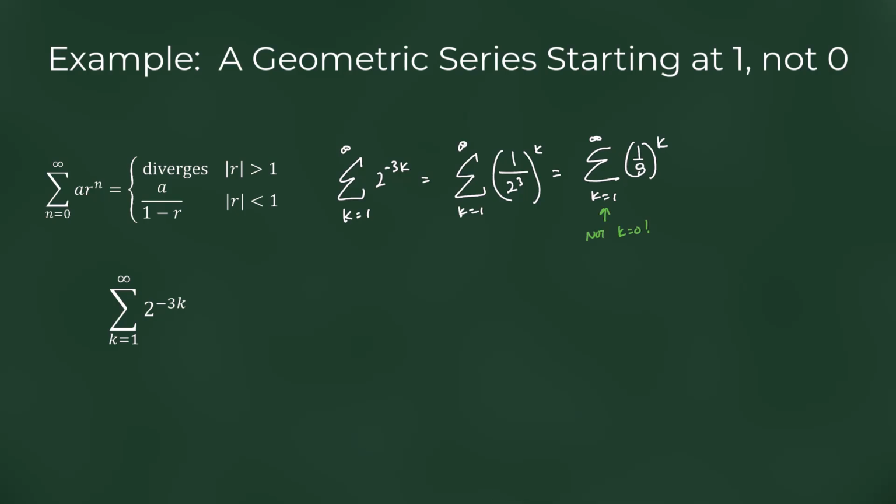So we could say, well, let's let n be equal to k minus 1, so that when k equals 1, we would get n equals 0. Then this becomes the sum from n equals 0 to infinity of 1 over 8 to the n plus 1, because this is equivalent to saying that k is equal to n plus 1.